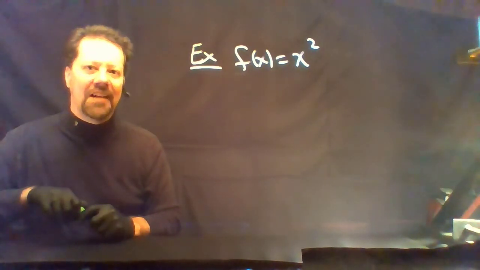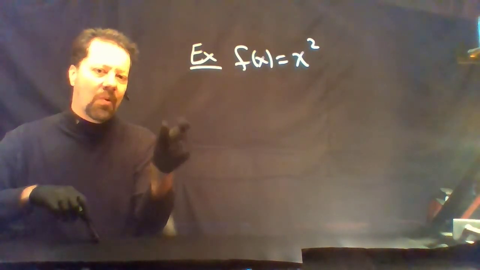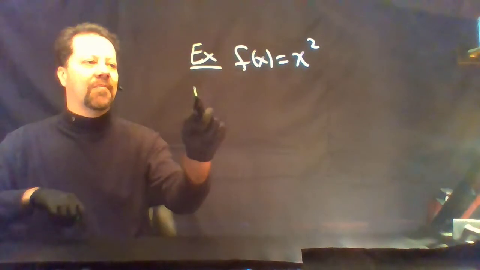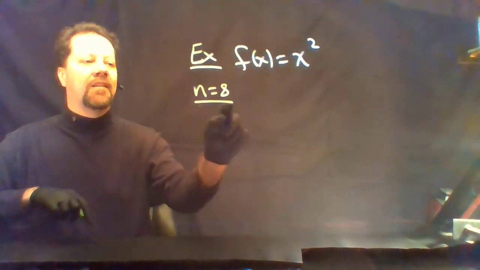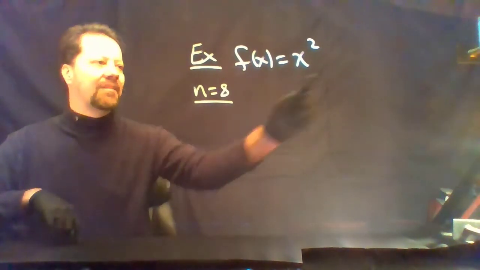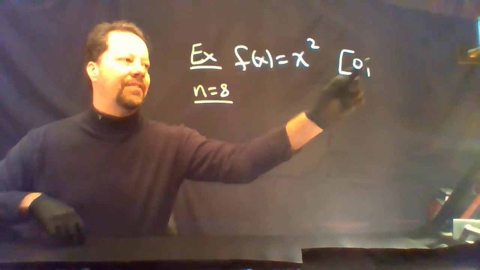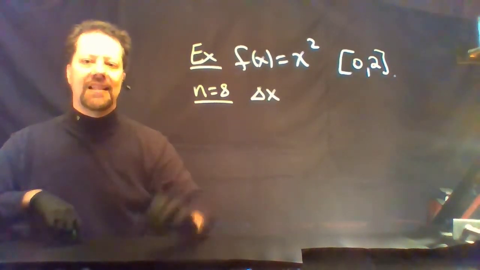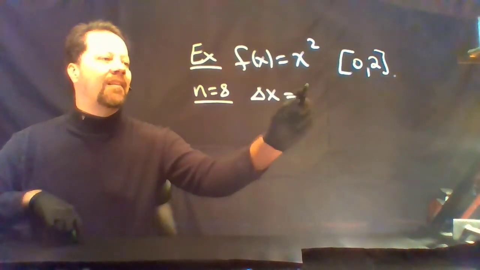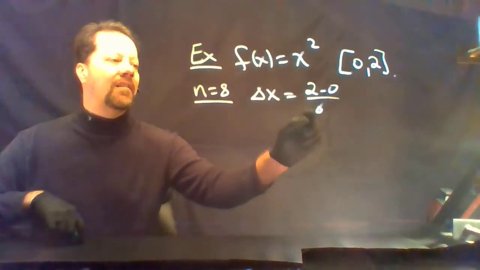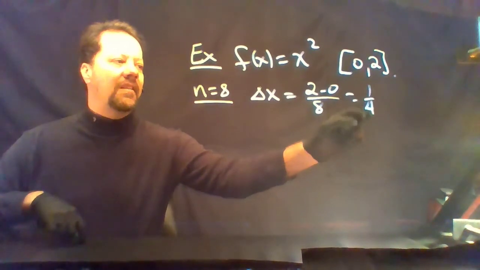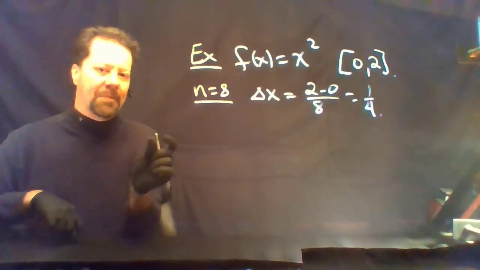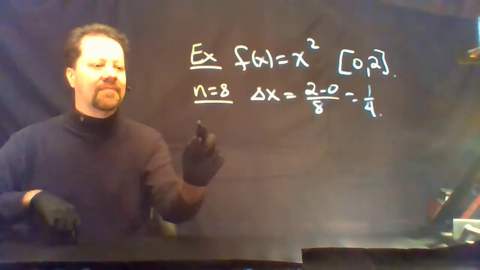We can get better estimates by using more approximating strips. If we use n equals 8, again, we're on the interval 0 to 2. The first step is to calculate delta x. In this case, each rectangular strip will be 1/4 unit wide.